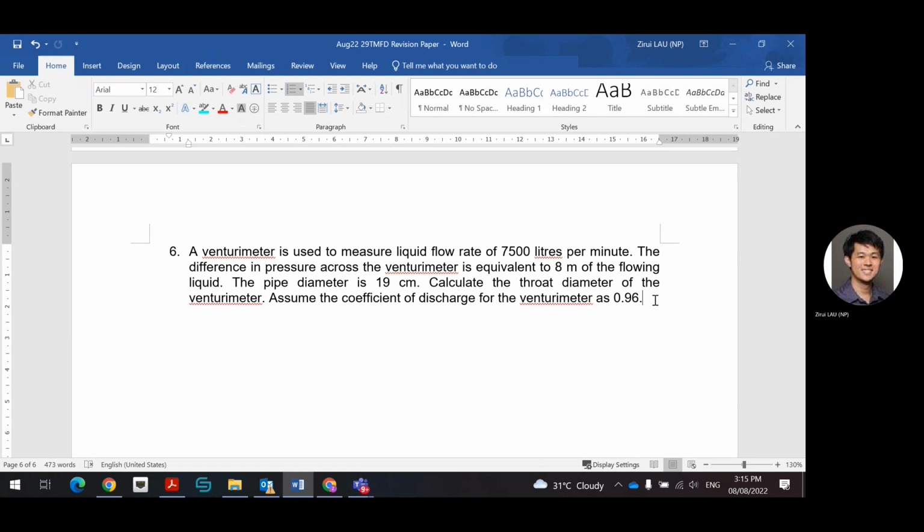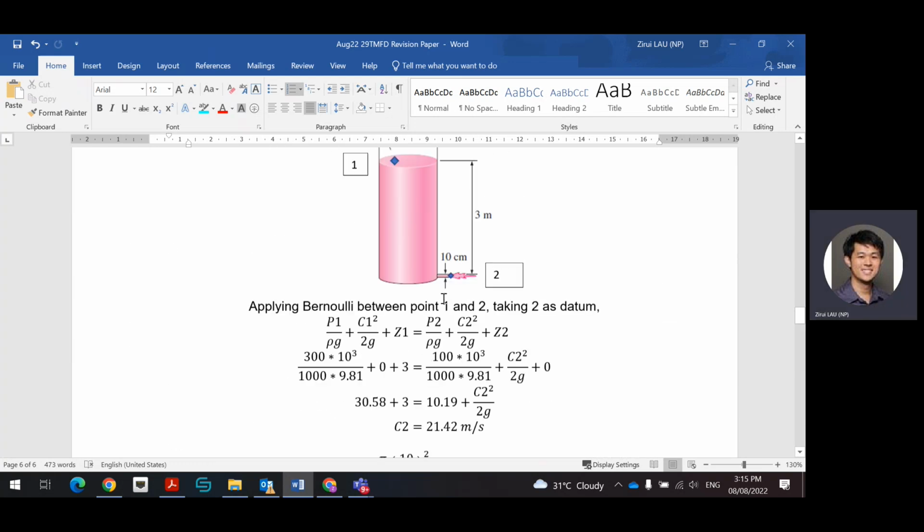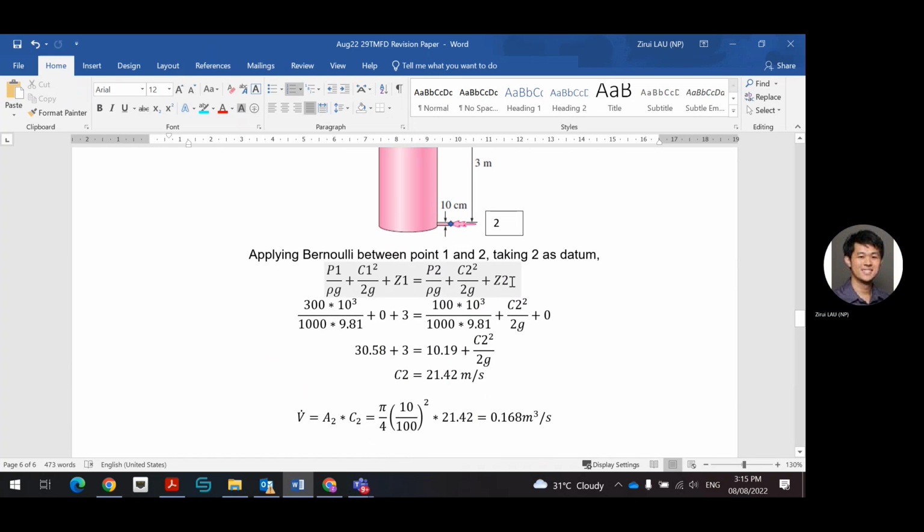So for this Venturi meter, we have to use the equation. Either you memorize the equation or you can derive the equation on the spot. To derive the equation, you have to make use of your Bernoulli.